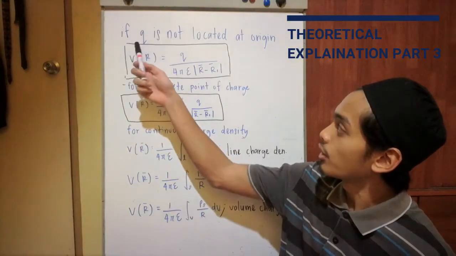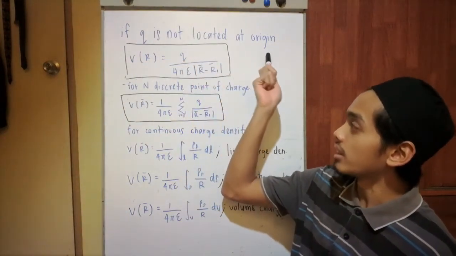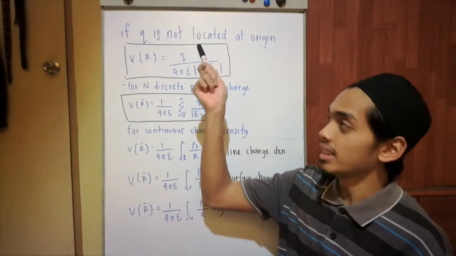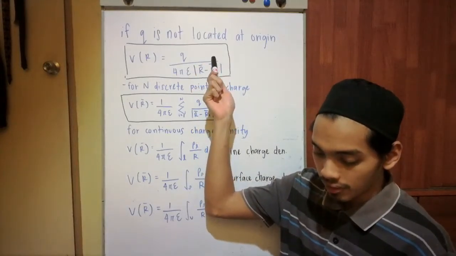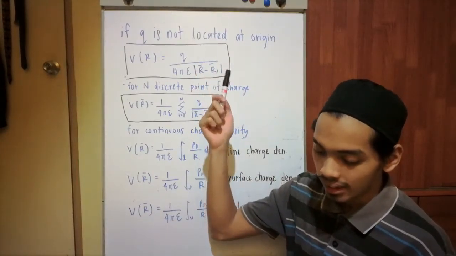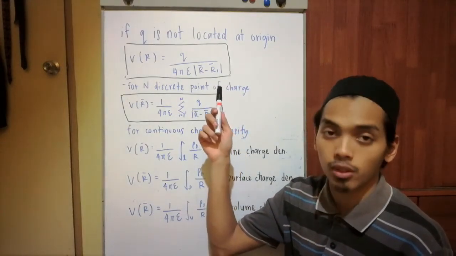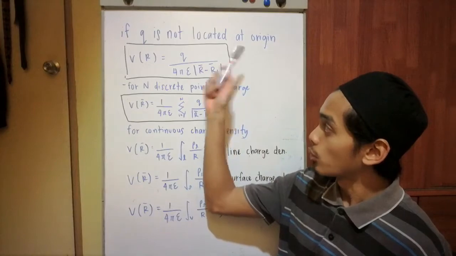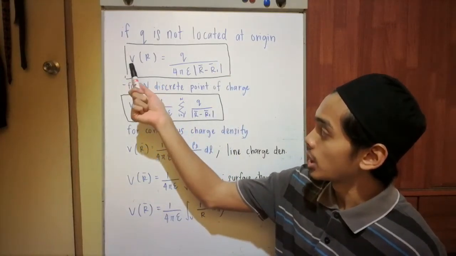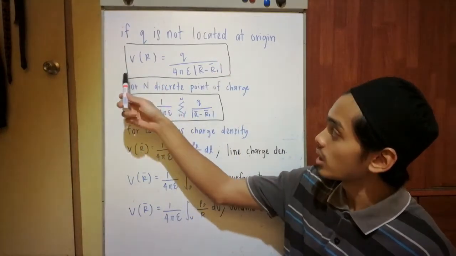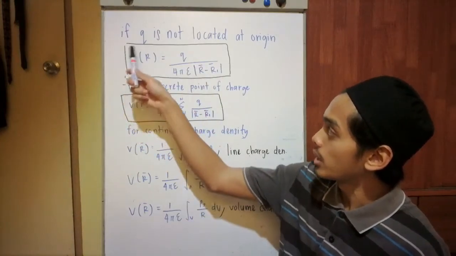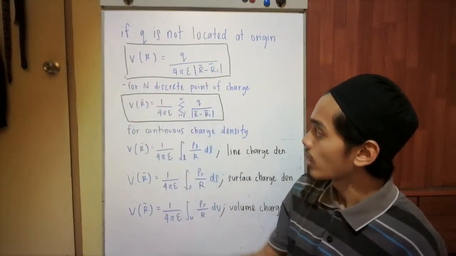If Q is not located at the origin, in this case we have some vector R that represents the direction or distance of the charge from the origin. To find the potential difference, we can use this expression or formula.